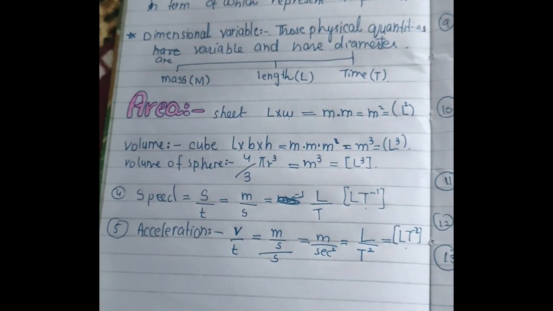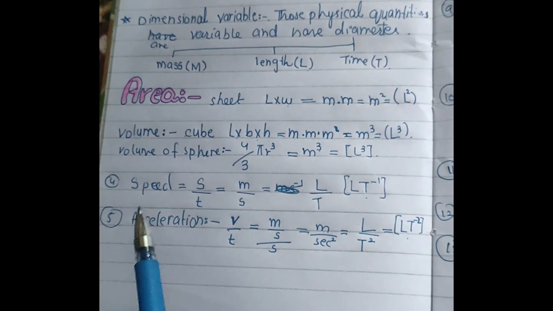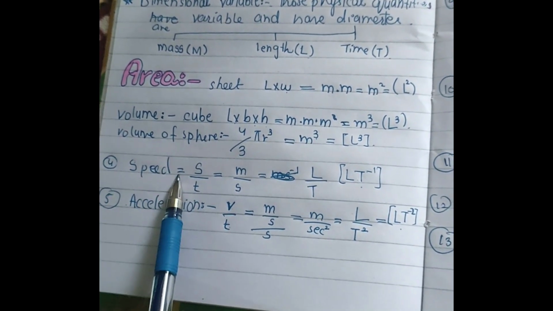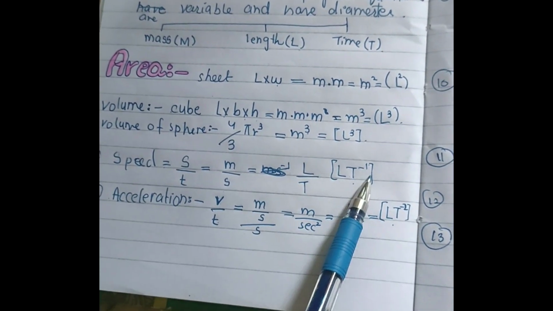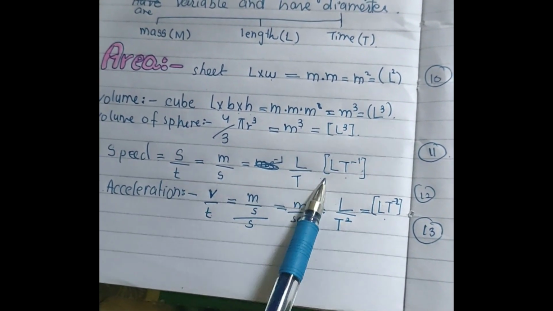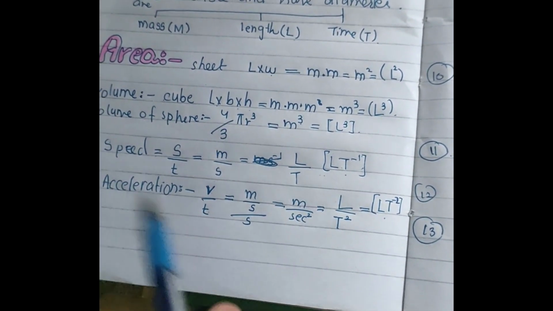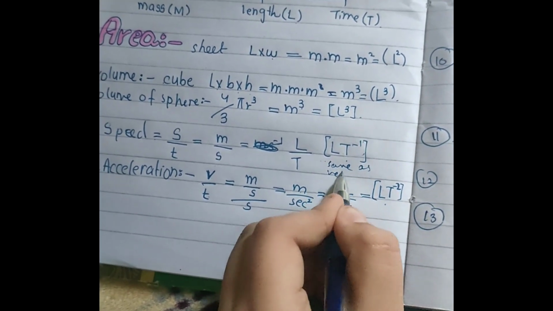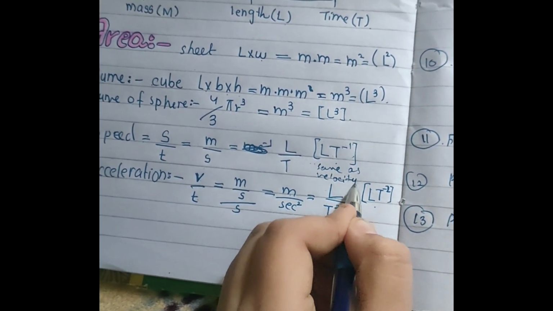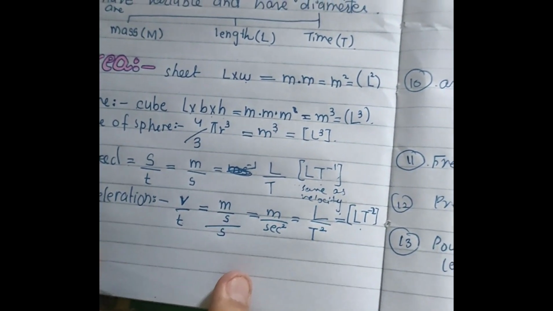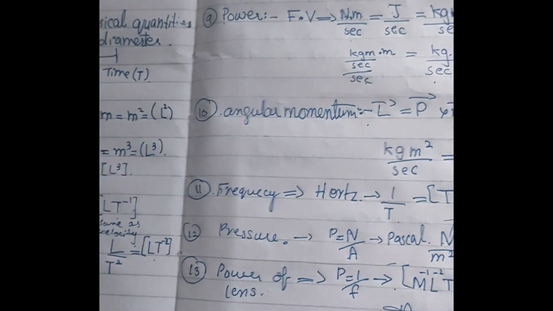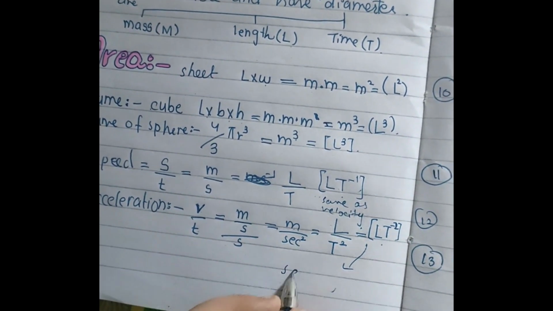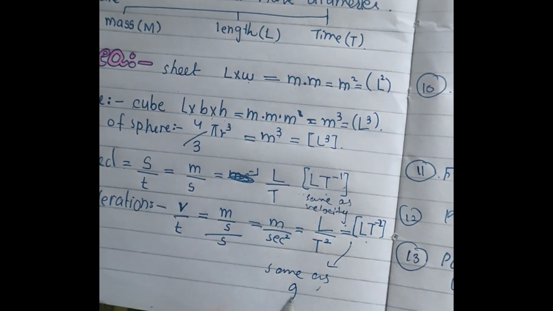Now let me tell you some more points. The dimension of speed is the same as velocity. Acceleration dimension is the same as gravity.